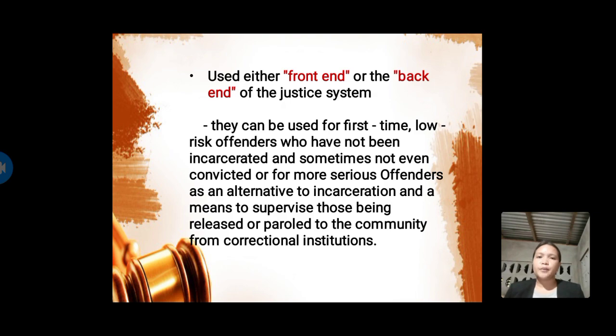So these are the people who can be in the community-based correction program.